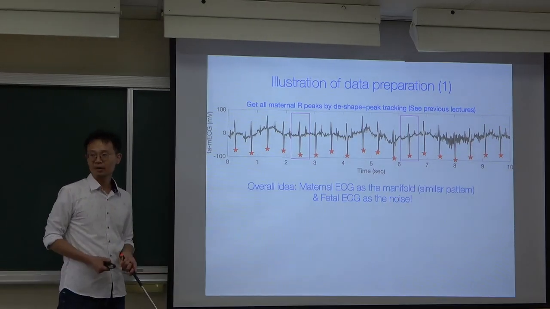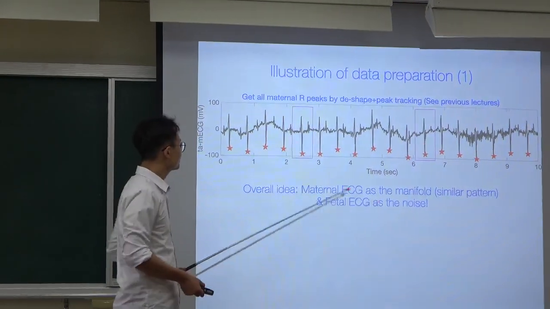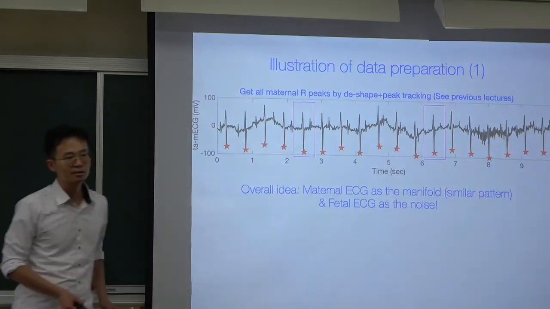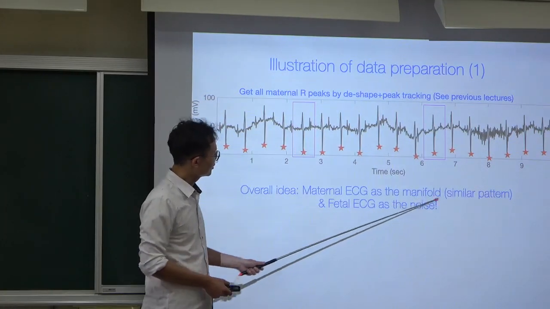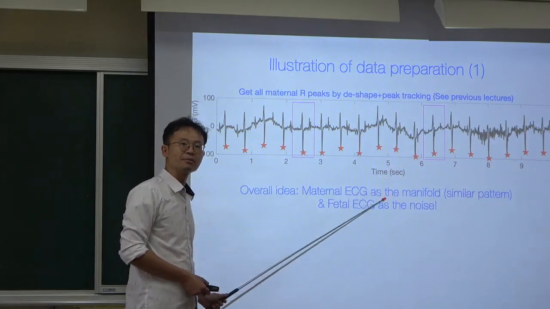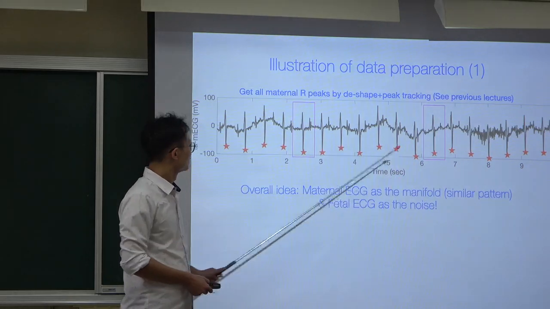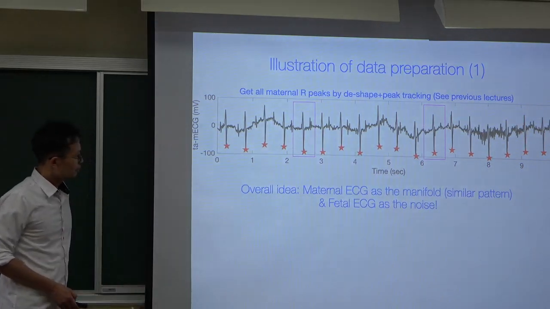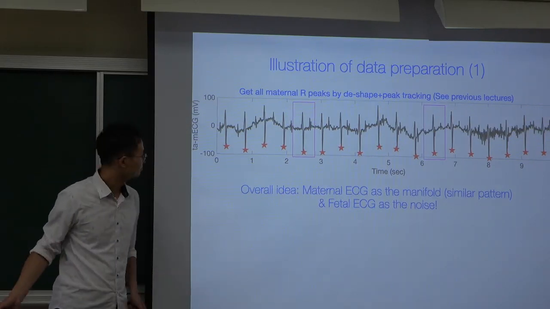As a manifold. And what does it mean? And we will view the fetal ECG as the noise. Today, we will not talk about the manifold structure, but you will see how it will be related very soon. But we will focus on how to handle part of this problem.